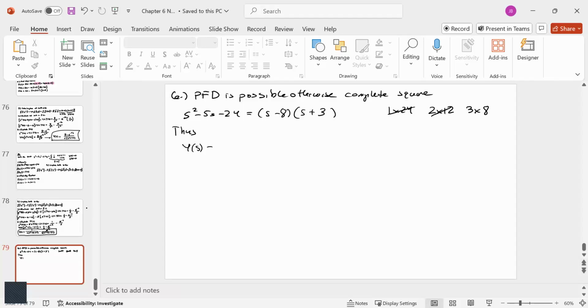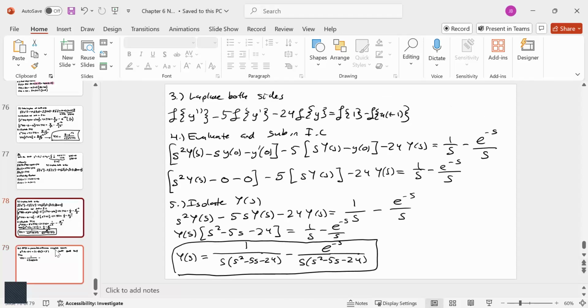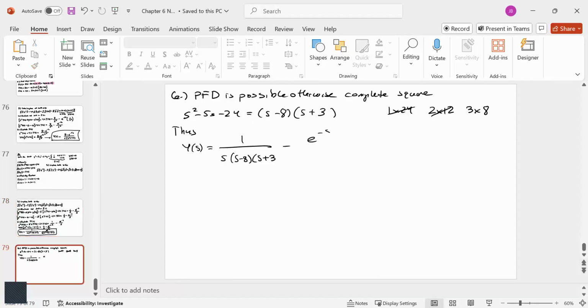Y of s is equal to 1 over s times (s minus 8)(s plus 3), minus... Now, at first glance, you might be thinking, does this mean I have to do two partial fraction decompositions? And the answer is no. They both have the same denominator. So if you do it for one, you're doing it for both of them, right?